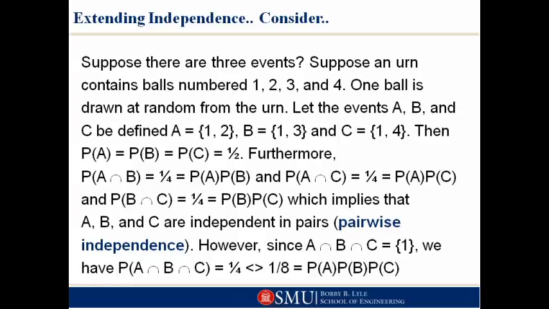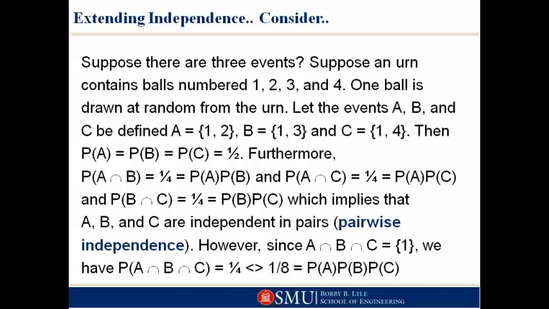Furthermore, the probability of A and B is equal to 1/4, right? Because what's common between A and B is just that you pick out ball number 1, and there are 4 possible outcomes, so 1/4. The probability of A times the probability of B is 1/2 times 1/2, which is also 1/4.